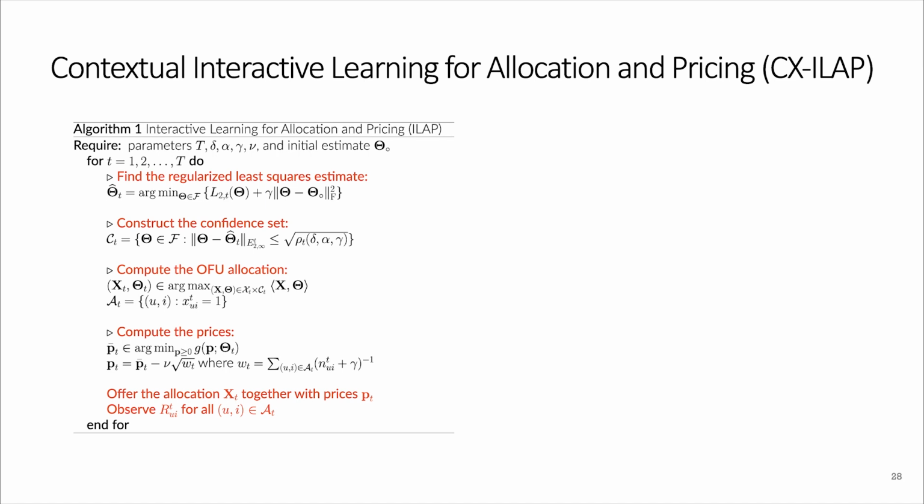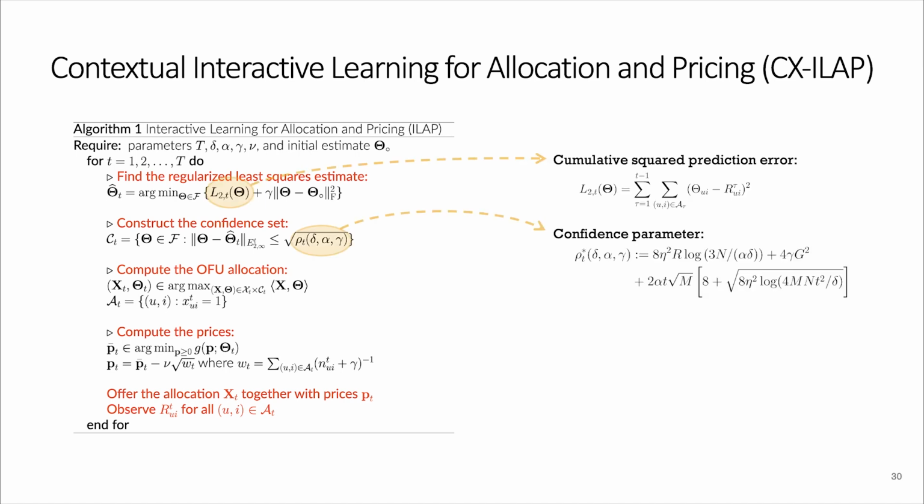The algorithm starts by finding a regularized least squares estimate of the parameter theta t, which we call theta hat t. Then it constructs the confidence set around that point using the L2 comma infinity norm, which is given by this form.